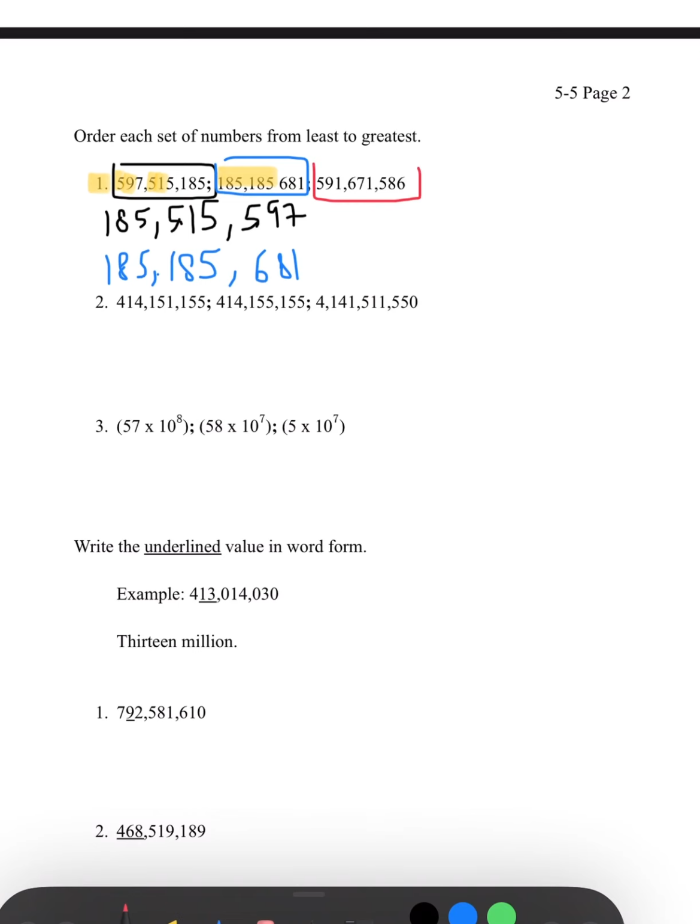Finally, we have this set. We can see here that 586 is the smallest, then 591, and the greatest is 671. And that's our answer.